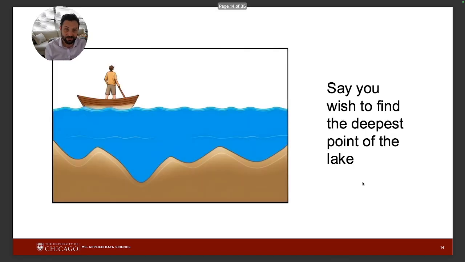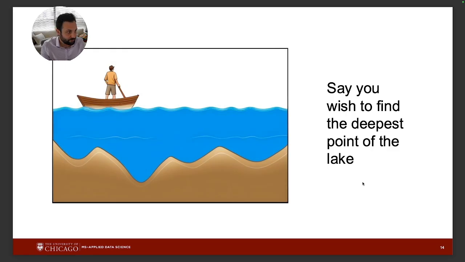Stochastic gradient descent is very much like the problem that I introduced. You have an error surface, just like this fisherman by himself trying to find the deepest point of the lake. This fisherman is trying to find which point, or which weight parameter, solves his problem the best.